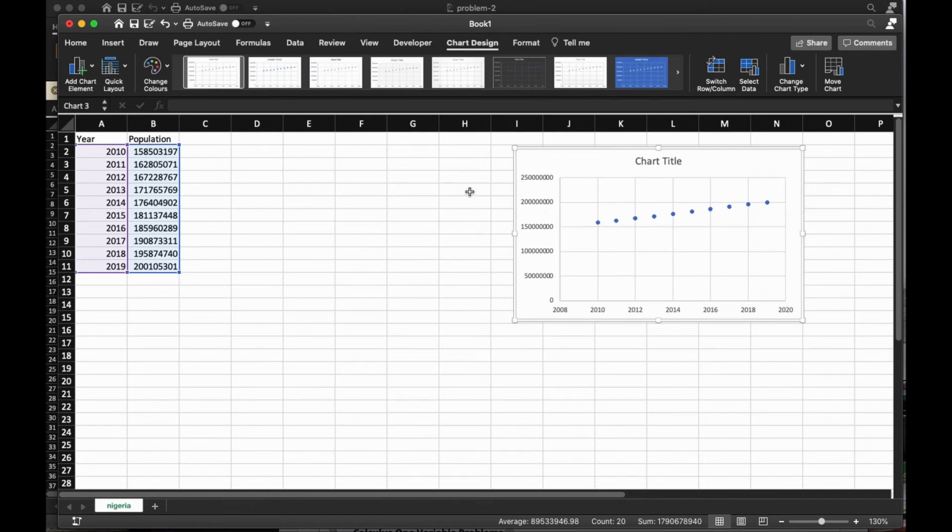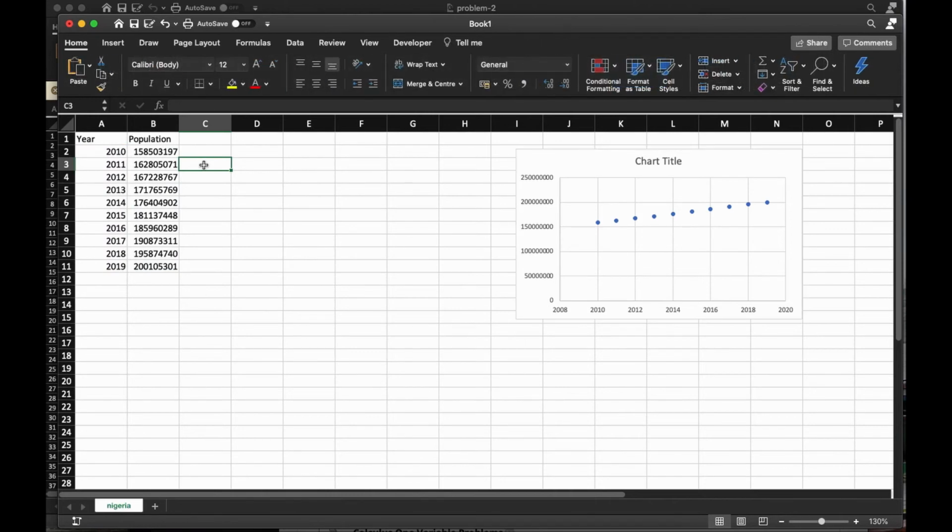So let's try to construct our line from what we explained before. We take the slope first between consecutive years. So we put here equals this number minus this number, and that gives the slope between 2010 and 2011. We extend it all the way down, and we get all the slopes.